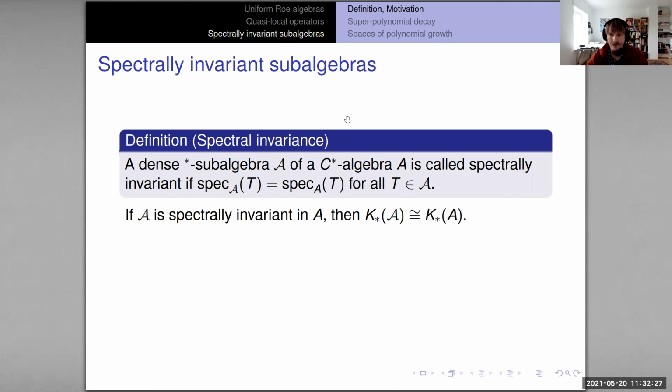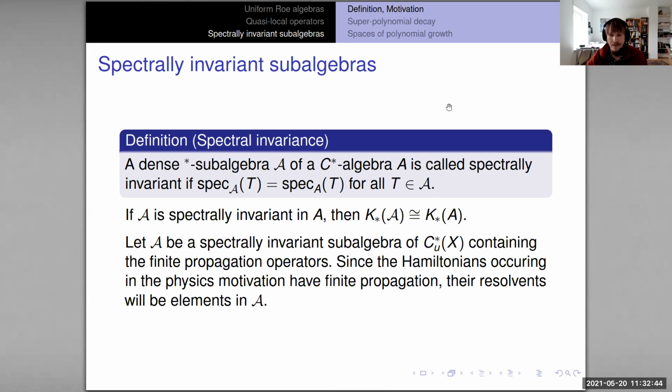One reason why I am interested in spectrally invariant subalgebras is because they have the same K-theory. So finding a nice spectrally invariant subalgebra means you can usually get a much better understanding of the K-theory. And now this goes back to the motivation.